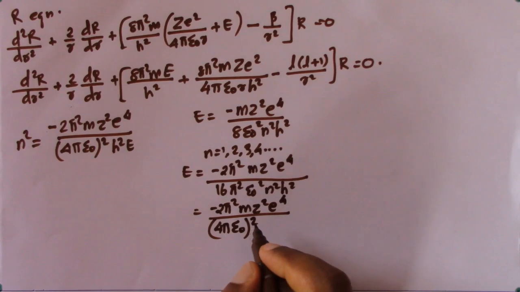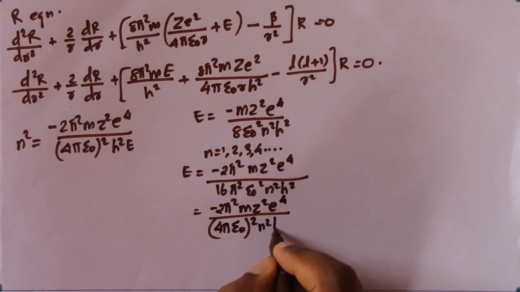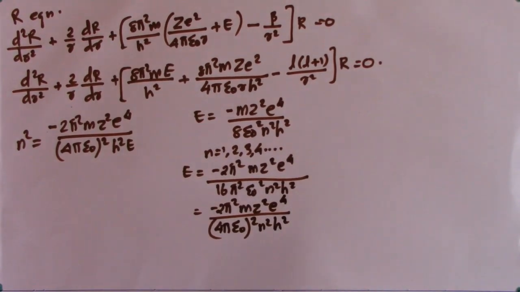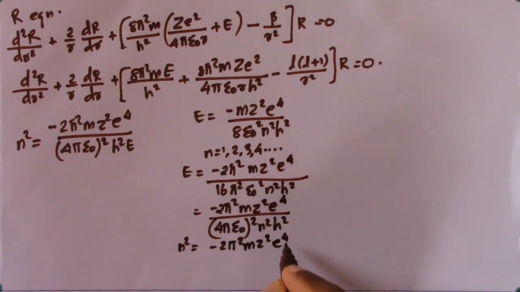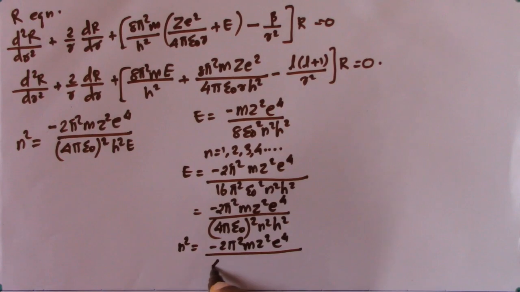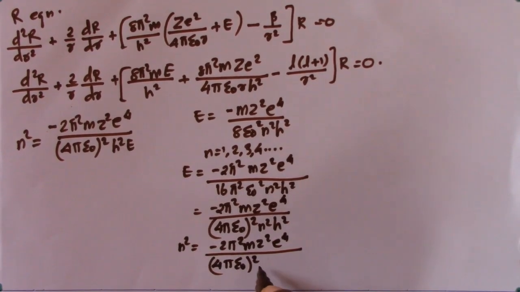N square h square, and from this one I can write n square is equal to minus 2 pi square m z square e raised to 4 divided by 4 pi epsilon 0 square h square e, right?